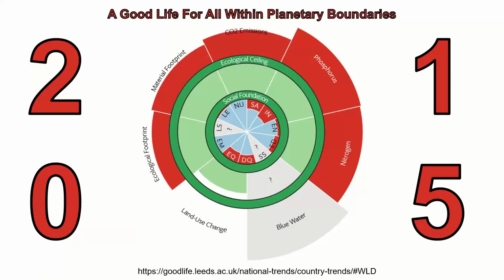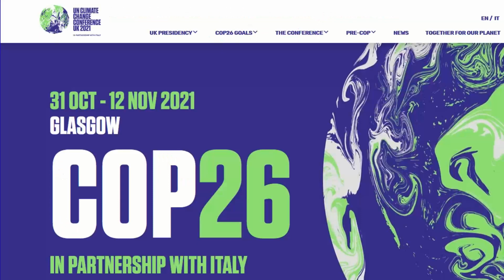And this is where we're at in 2015, the latest data in this specific data set. So in practically every area, we are going significantly beyond the boundaries. It's not simply about the warming climate. It's about the extinction of many species. It's about the way we use materials as well.